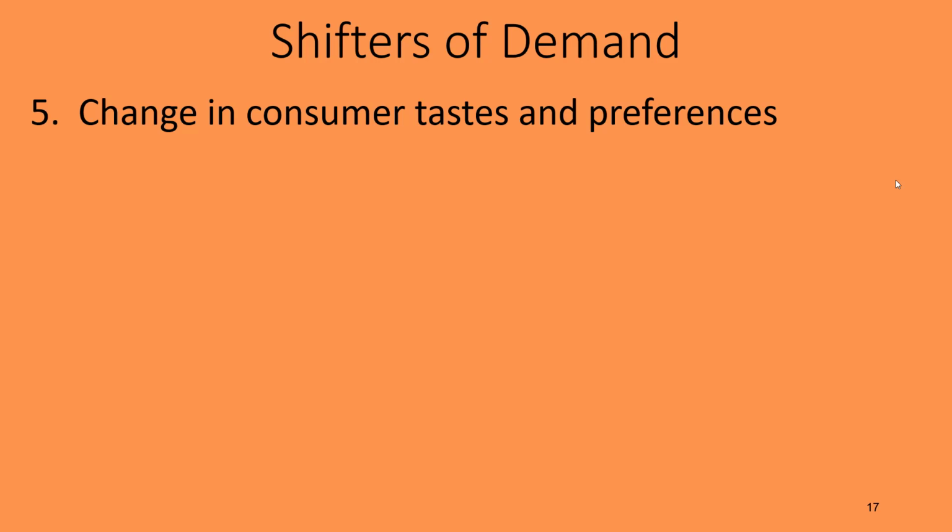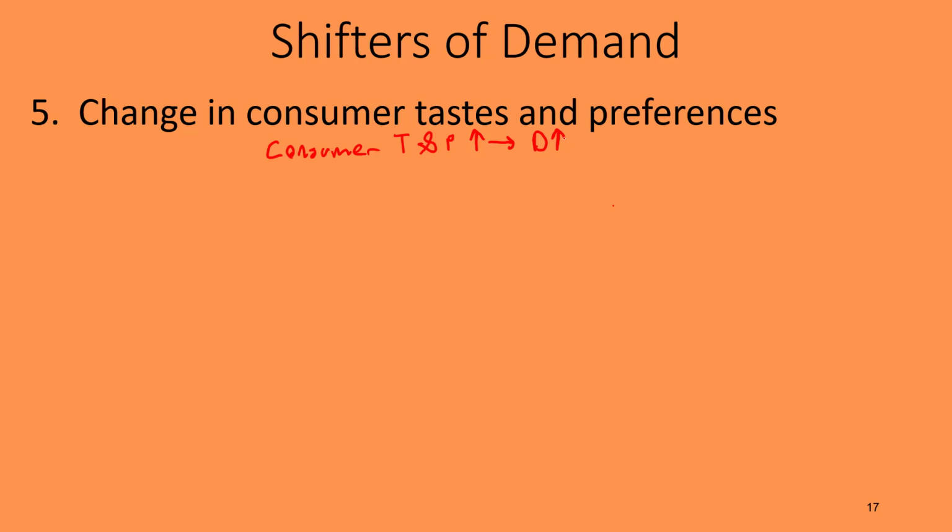So this one's really easy to understand. Basically, as consumer tastes and preferences increase, or as something becomes more popular, as you might imagine, the demand for it tends to increase as well. And if something decreases in popularity, then demand for it will decrease as well.